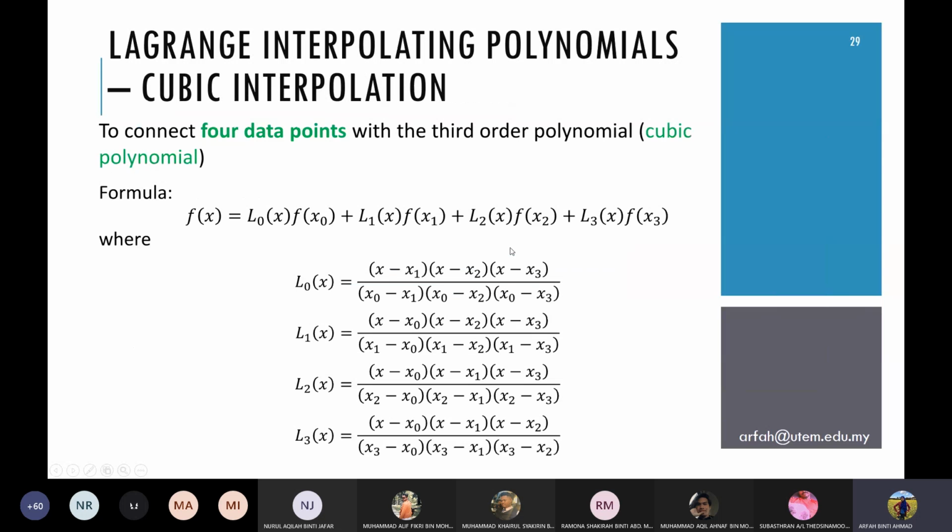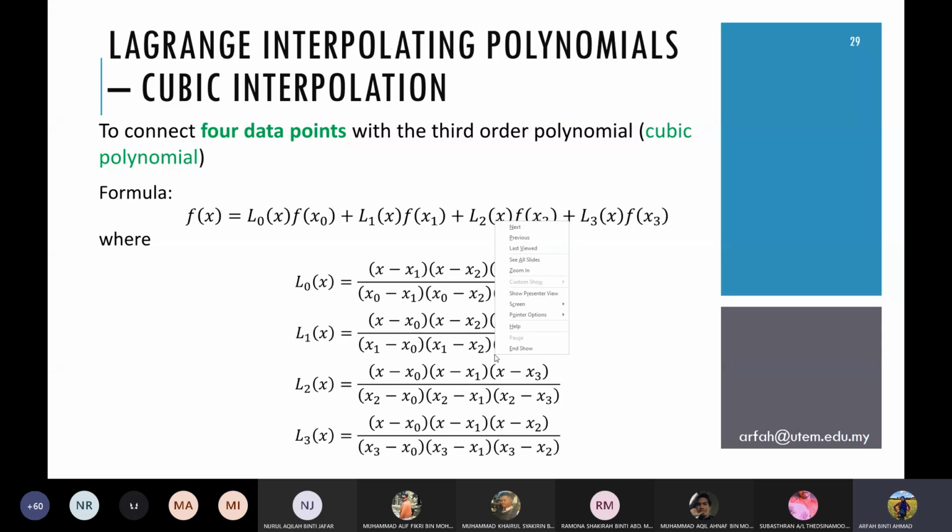So estimate f1.8. Okay. So Lagrange interpolating polynomials for the cubic interpolation. This one is used to connect 4 data points with the third order polynomial, that is cubic polynomial.